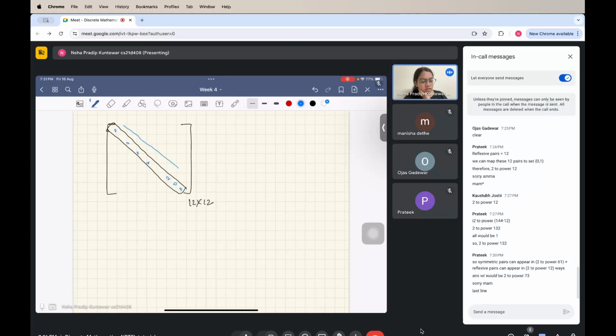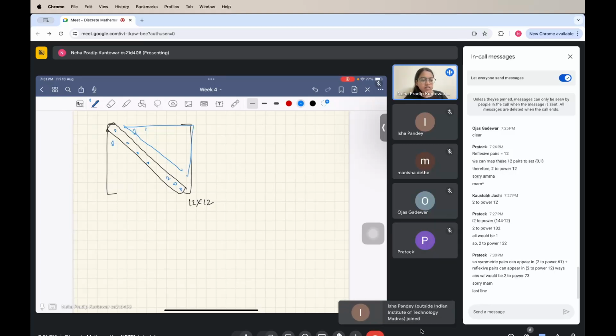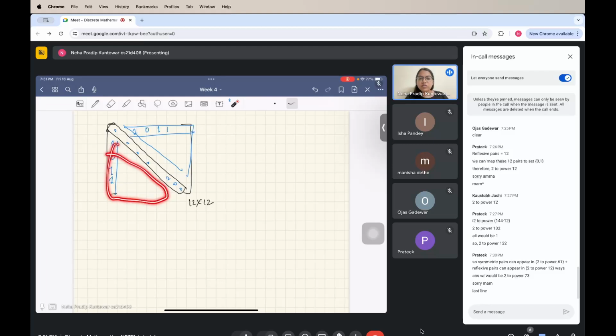But what it says is, once you write a 1 here, it forces you to write a 1 here. Once you write a 0 here, it forces you to write a 0 here. So whatever you write here, the same should appear along this side. So essentially you can fix a value for these upper triangular elements, and it would force the values on the lower triangular elements. So the number of entries that you can set is along the diagonals and along this triangle.